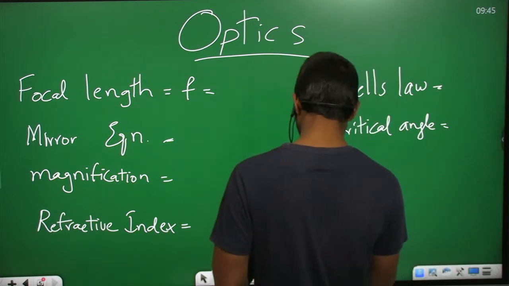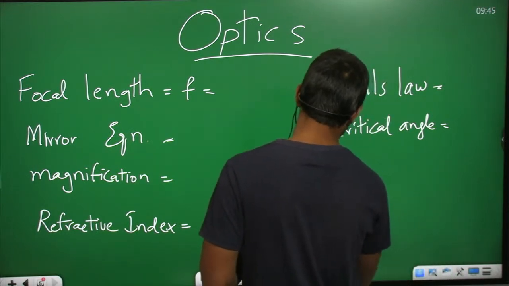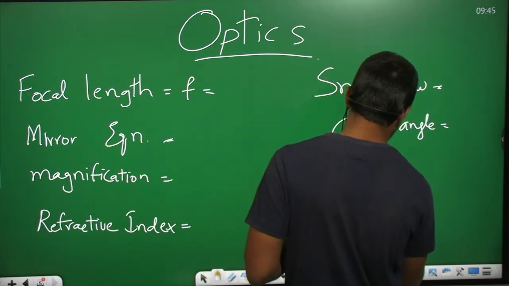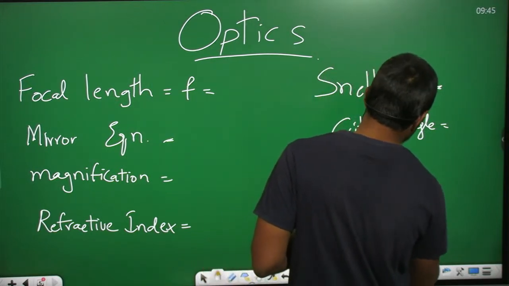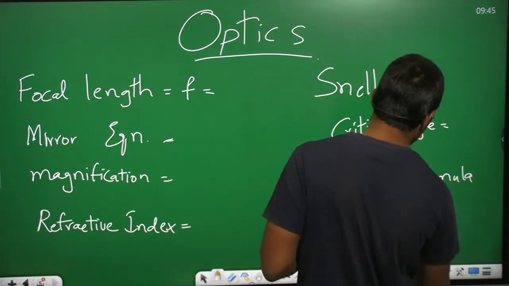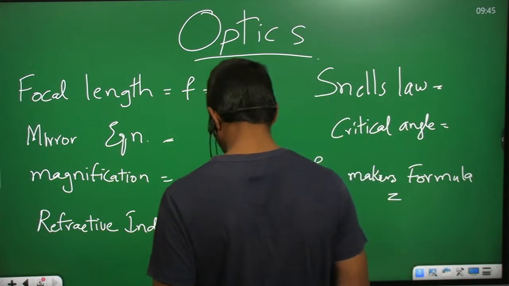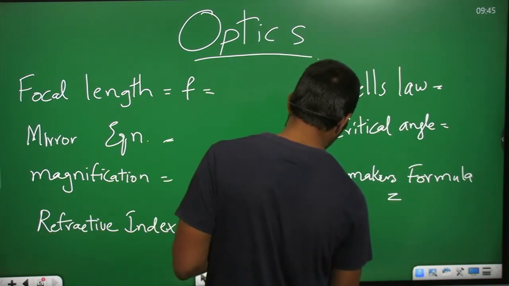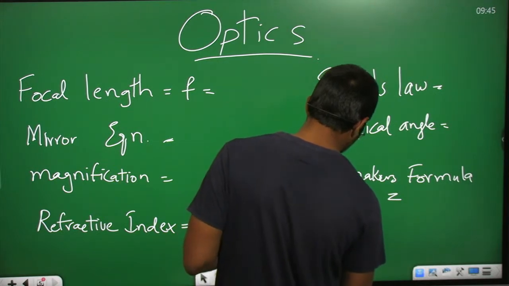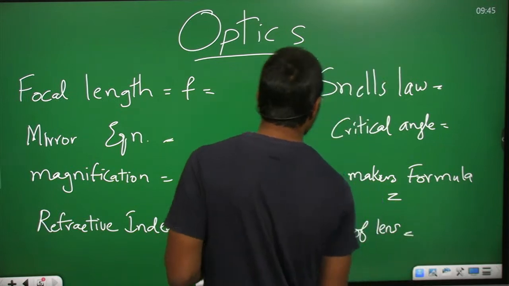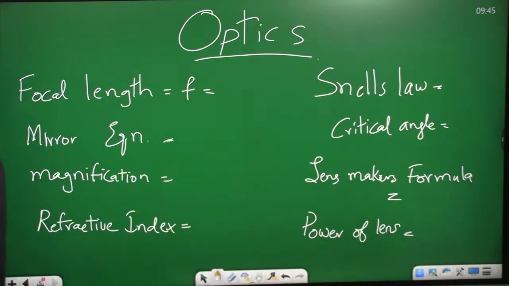What is lens maker's formula? See, we are trying to lift the entire topic in one shot here. What is power of lens? So try to fill all these blanks.